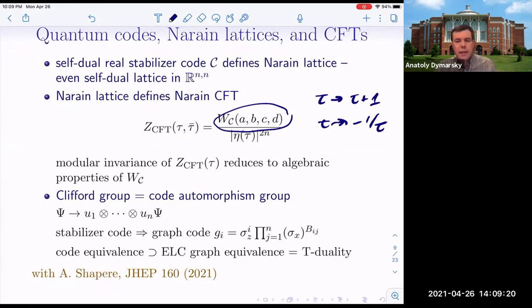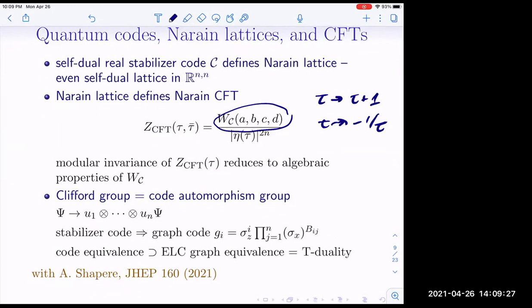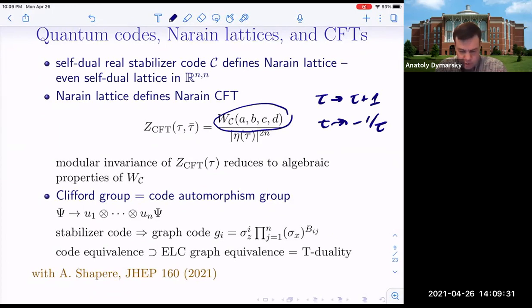So this is basically the main idea behind our work, or the main point of our construction. Quantum codes. And modular invariance reduces to some algebraic properties of some polynomial, exactly how it was for the classical codes.